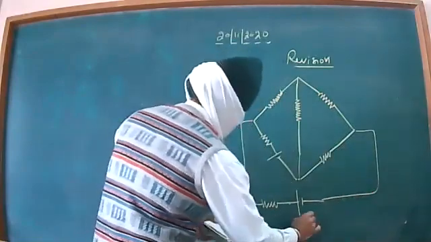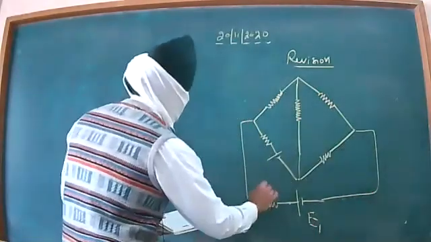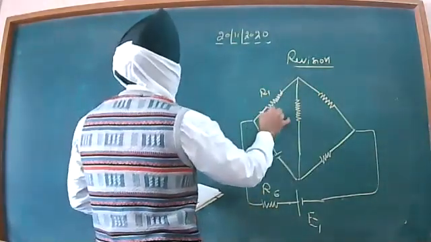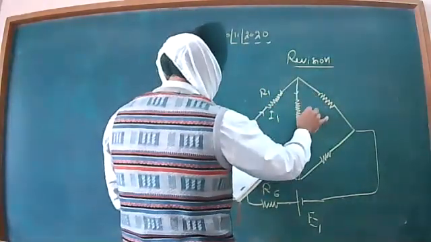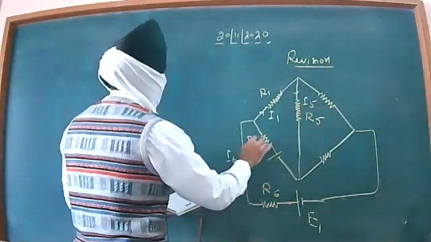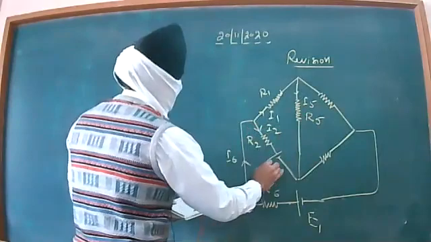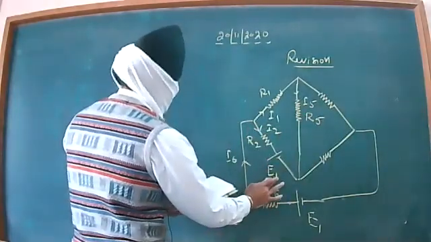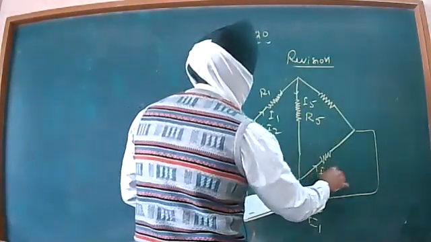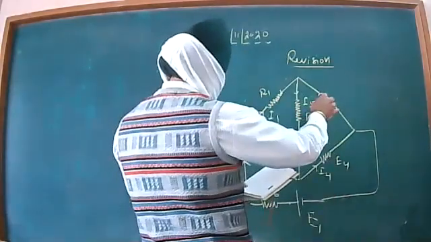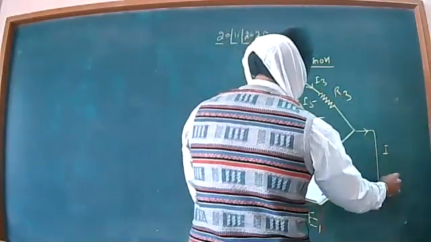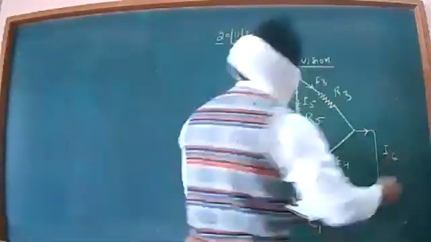Its EMF is called E1, this is R6, this is I6, this is R1, this is I1, this is R5, this is I5, this is R2, this is I2. Its EMF is called E2. Furthermore, this is your I4, this is your E4, and this is your I3 and R3, and this is your I, then automatically it will be 6.